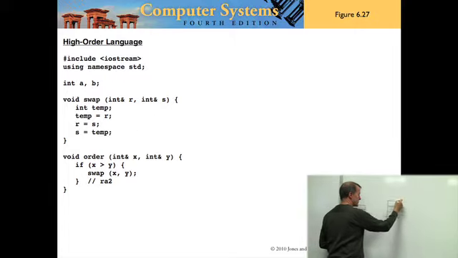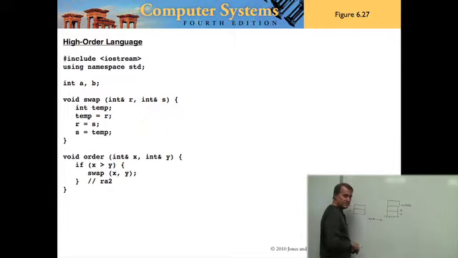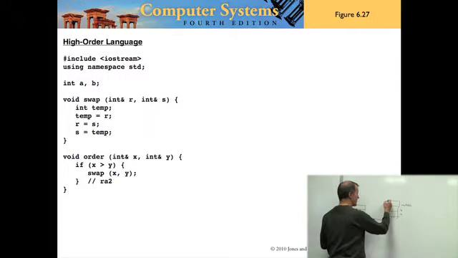Return address. Okay, and now, any locals? Is this swap or order? Order. It's calling order. So there are none. So is this the stack frame? Yeah. Okay, so that's that stack frame.